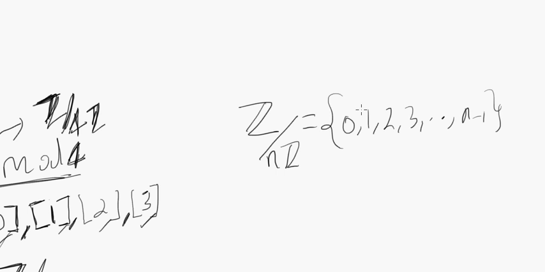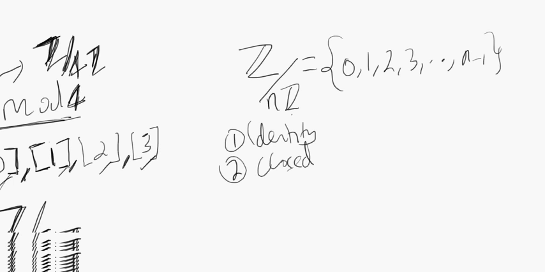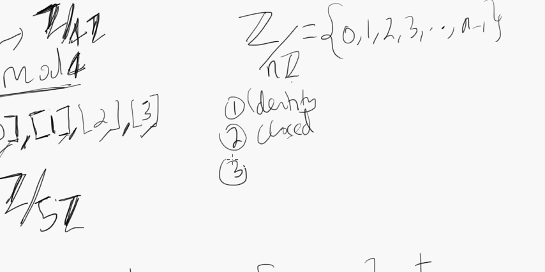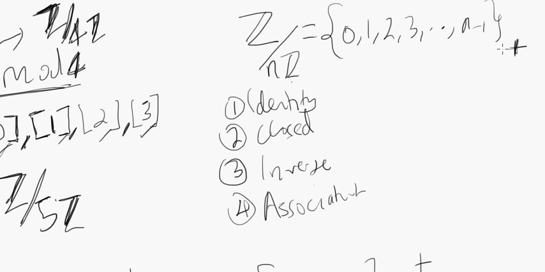The identity is clear, as we saw before. Once again, we need to prove that there's an identity. We need to prove that it's closed. This is the general case, Z mod NZ. We need to prove that inverses exist. We need to prove that it's associative. Here we're looking at Z mod NZ under addition.